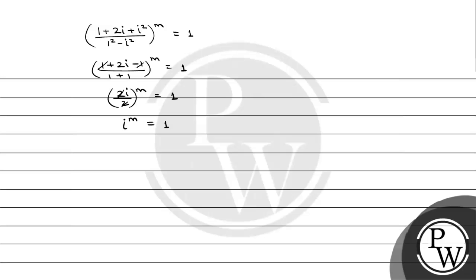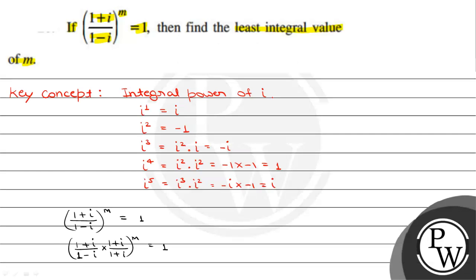So we have to tell the minimum value of m for which i power m is equal to 1. Just now I told you that i power 4 is equal to 1. So 4 is the smallest integral value for which the value becomes 1.